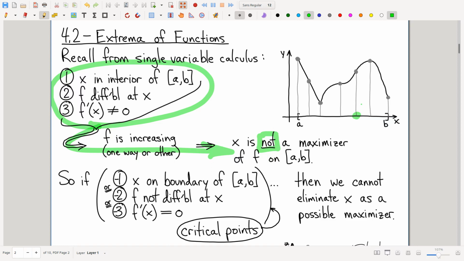This can't be the maximum. It keeps getting bigger. So this is an easy way to eliminate candidates. If I'm looking for a maximum or a minimum, an extremum, and any one of these three conditions happens, we eliminate it immediately.